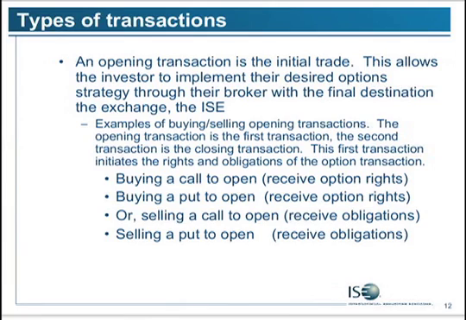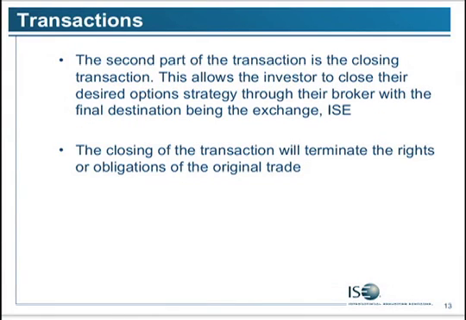So if you bought an option and you want to close it, you sell it. If you sold an option initially and you want to close it, you buy it back. So there's always 2 parts to it. You don't have to actually do that second part. These options are cash settled at expiration, so you don't have to do that. But again, that is up to you.